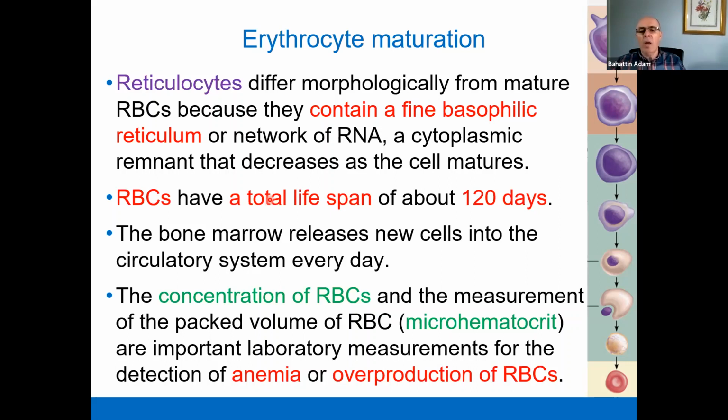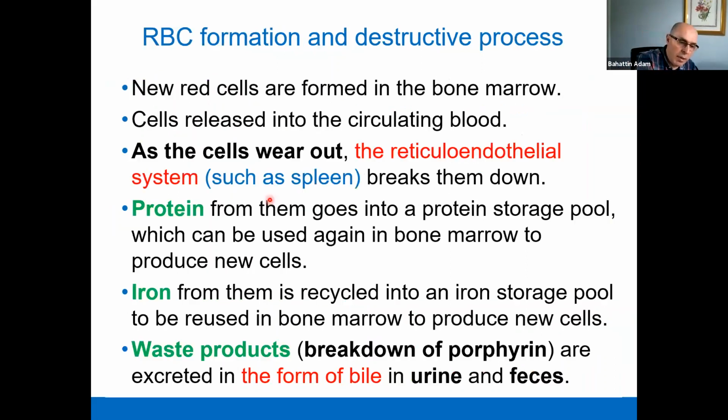We are going to measure the number of the red blood cells and the PCV value, which shows us the percentage of the cells in the total blood, and these are used to diagnose anemia or overproduction of cells. Okay, any questions so far?